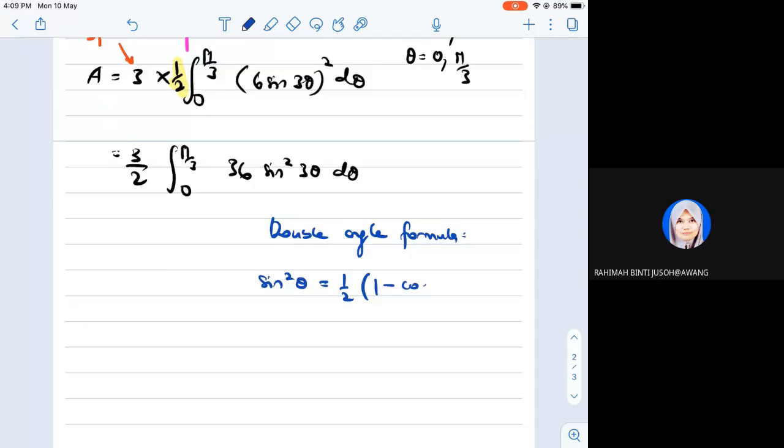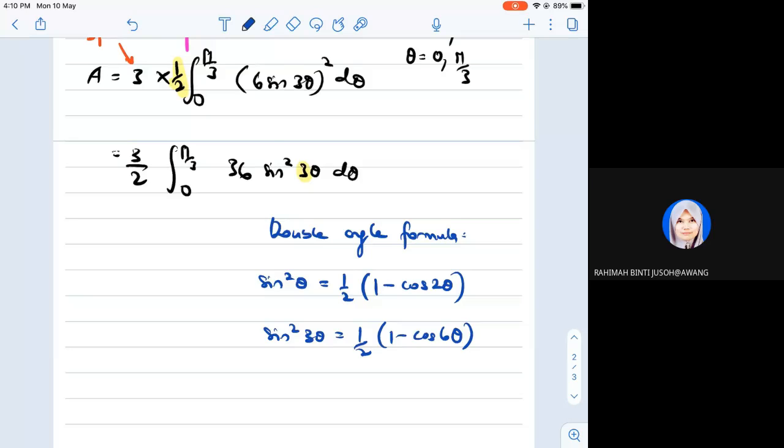Okay, 1 minus cos 2 theta. So now in our case we have 3 theta. So sine squared 3 theta equals 1/2 times 1 minus cos... 6 theta, right? Okay, very good. Yes, 6 theta.